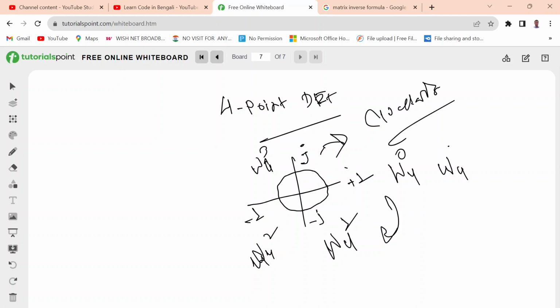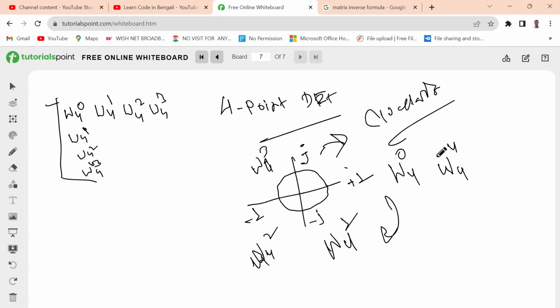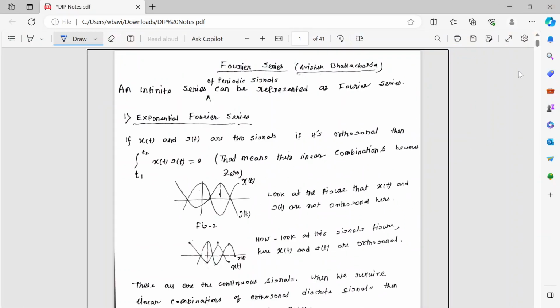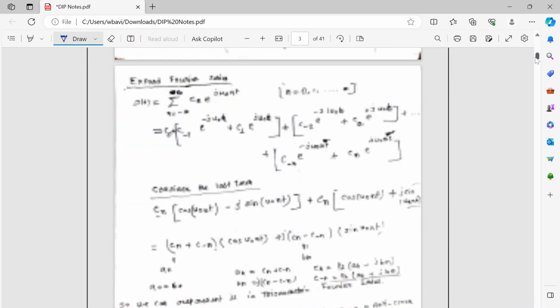You can write a matrix like this: W4^0, W4^1, W4^2, W4^3, then W4^1, W4^2, W4^3, and so on. After putting in the values, you will get this. Let me show what you will get.